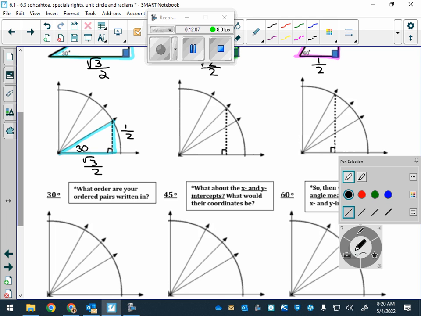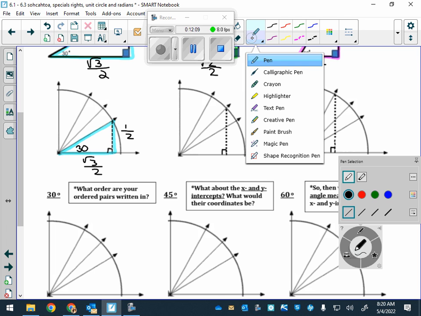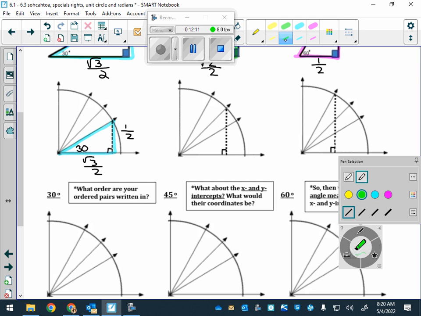Okay, we're going to do the same thing for 45. All we're doing is taking above and copying it down. So this is 45, and I know this is √2/2.